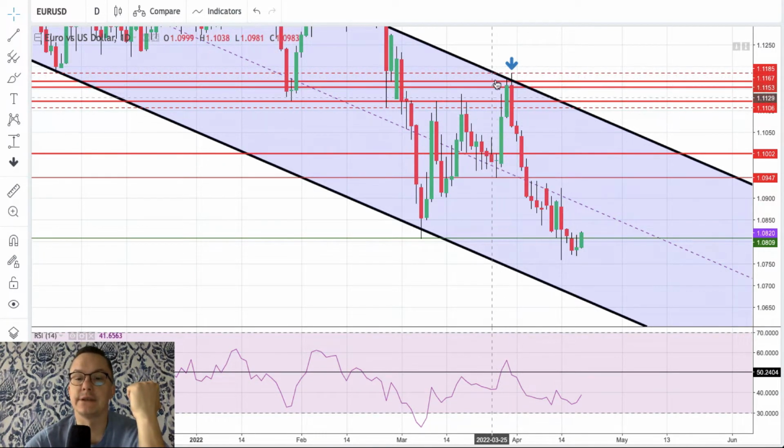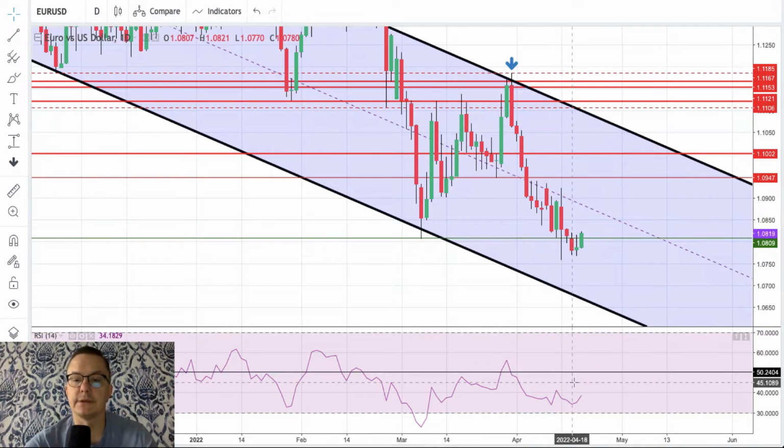As you can see here, there's a bearish engulfing pattern. So if the market should terminate and then reverse, we should take out this high and fly, of course, way higher. Momentum is still negative, still very, very low. So this only supports the current outlook.